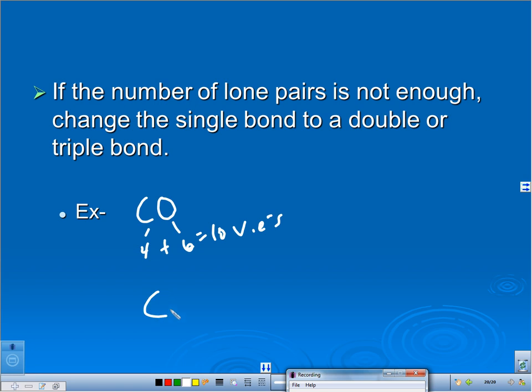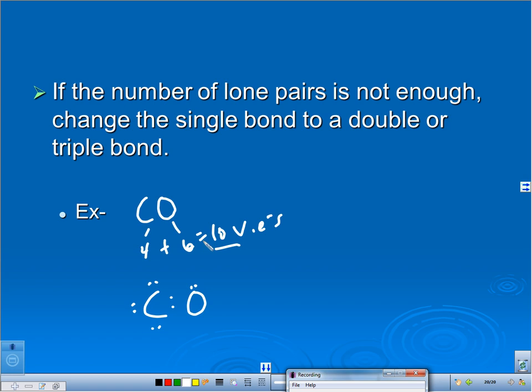If I just set them up next to each other, because that's the only way two atoms can bond, and assume a single bond, and then I try to use the rest of my 10 to give 8 to each of them, I go 2, 4, 6, 8, 10. At this point, I'm out of valence electrons. So I cannot give oxygen its 4 more, which it needs.